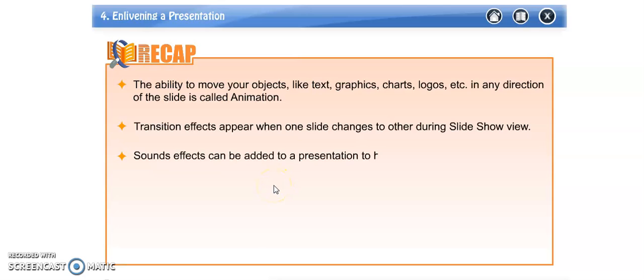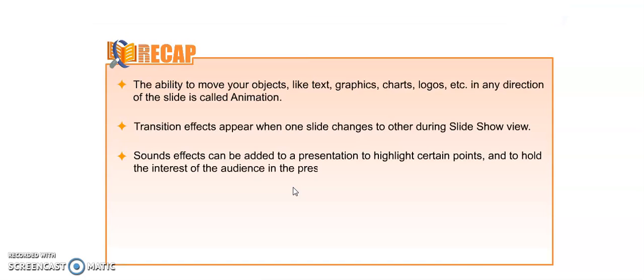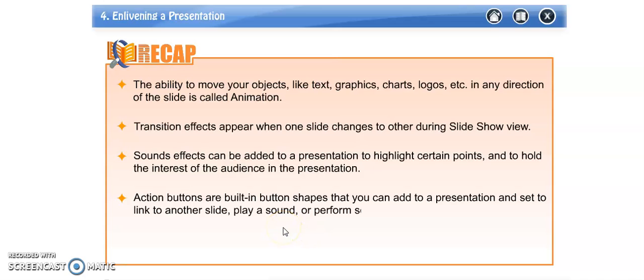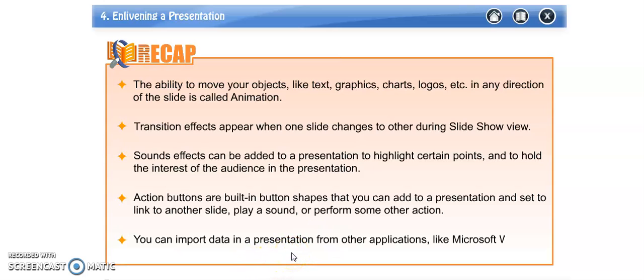Sound effects can be added to a presentation to highlight certain points and to hold the interest of the audience. Action buttons are built-in button shapes that you can add to a presentation and set to link to other slides, play a sound, or perform some other action. You can import data in a presentation from other applications like Microsoft Word, Excel, etc.